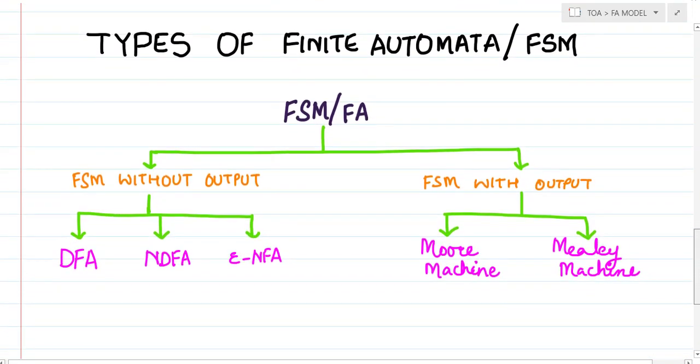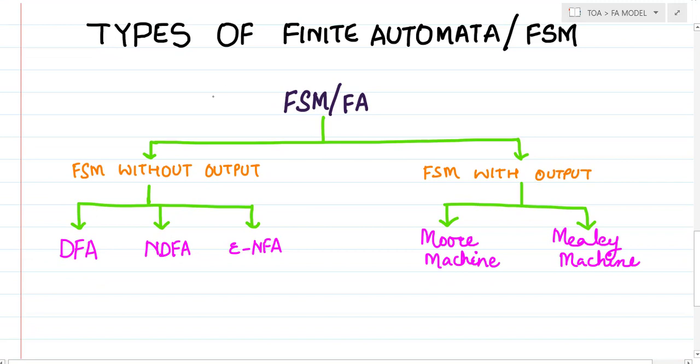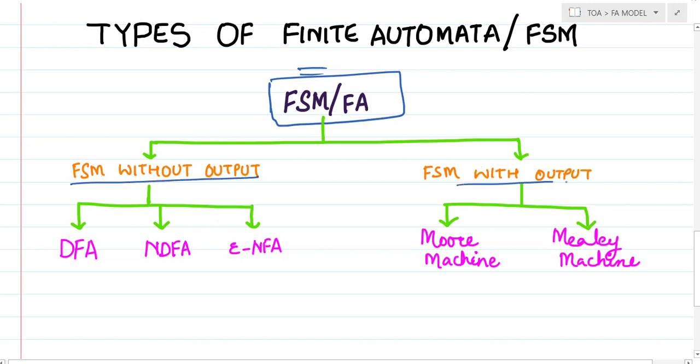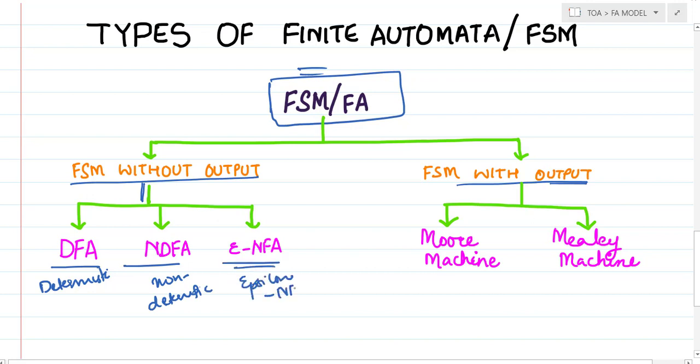Now let's move on to the next concept, that is the types of finite automata or finite state machine. Fine. So it's broadly divided into 2 categories, that is FSM without output and finite state machine with output. So finite state machine without output is further divided into 3 subcategories: deterministic finite automata, non-deterministic finite automata, and epsilon non-deterministic finite automata.